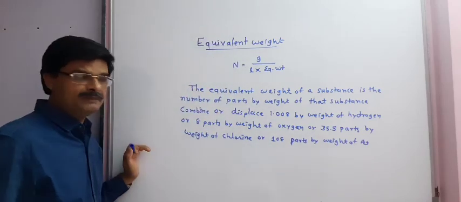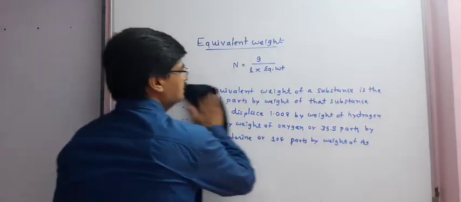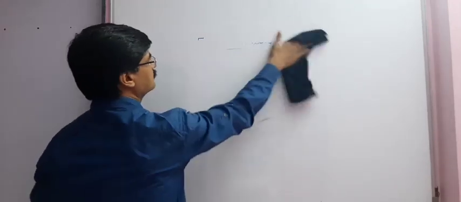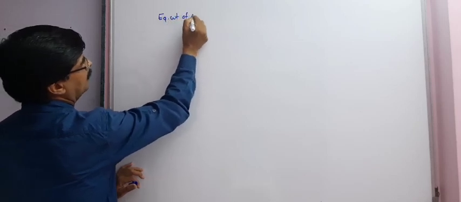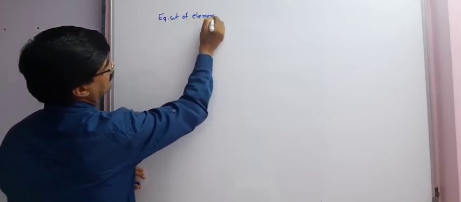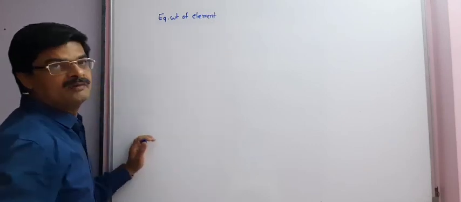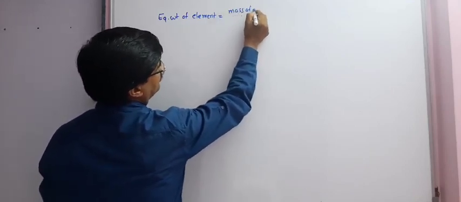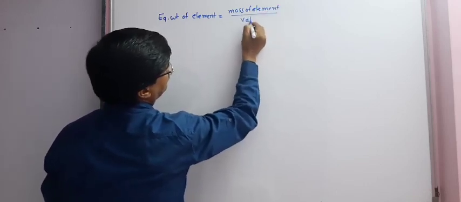Now, we can find equivalent weight in a different manner. Equivalent weight of an element is equal to the mass of the element divided by valency.